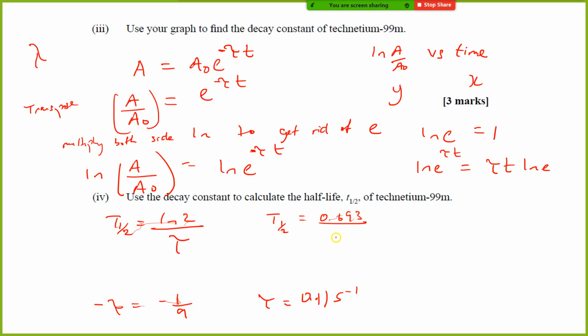Divide that by the decay constant, which is 0.11, right? We get a half-life of 6.3 hours, okay? That would be our half-life.